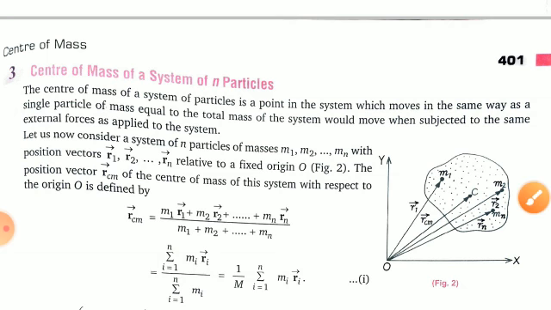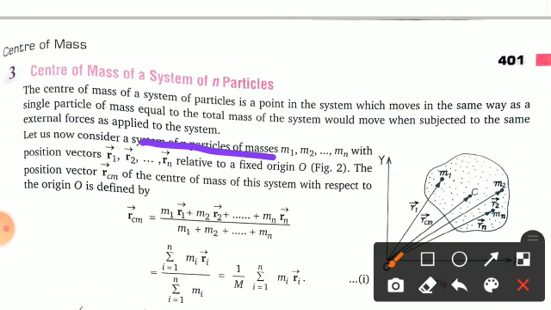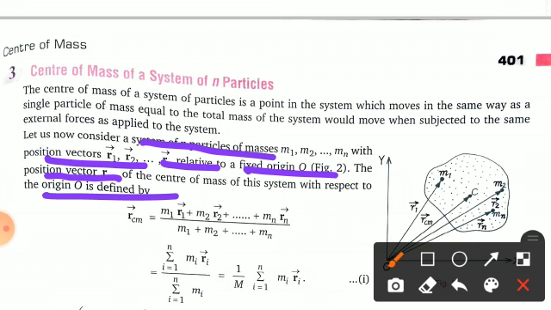So let us now consider a system of n particles of masses m1, m2 up to mn with position vectors r1 vector, r2 vector up to rn vector relative to a fixed origin O. Clear? So the position vector, this is your RCM of the center of mass of the system with respect to the origin, is defined by this.